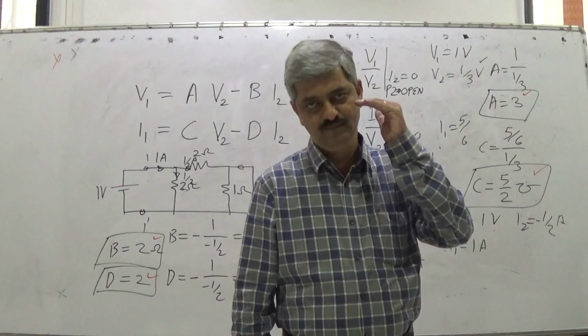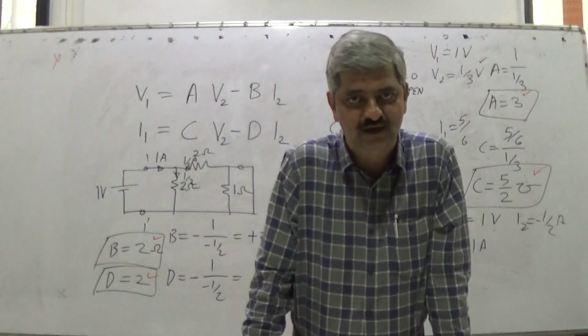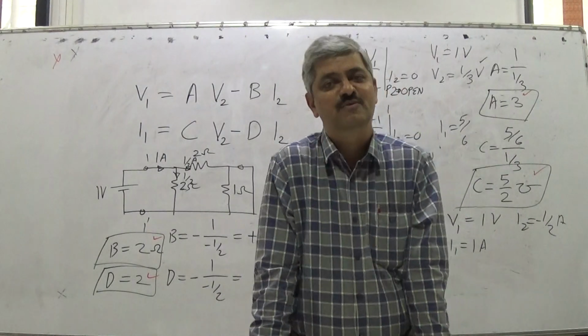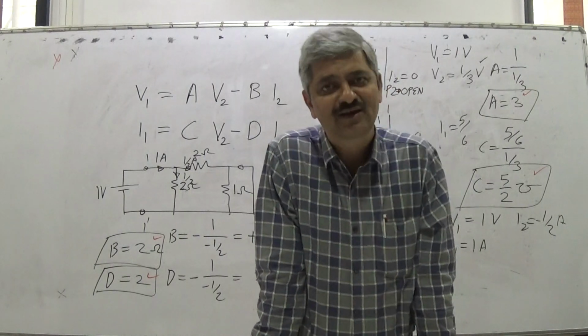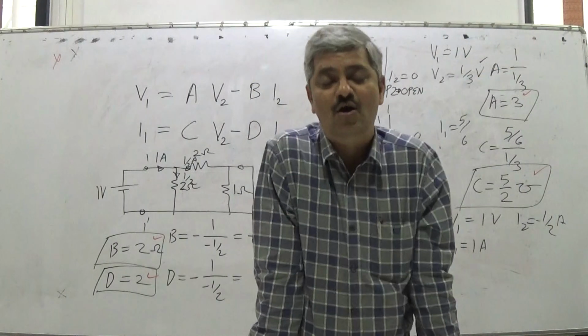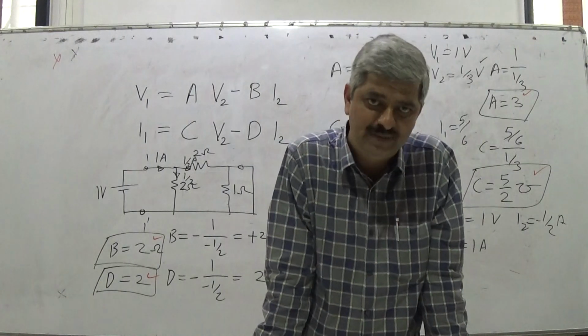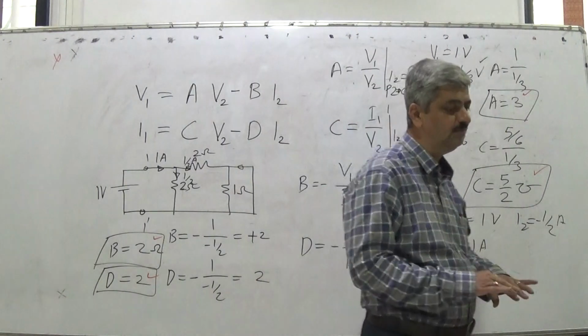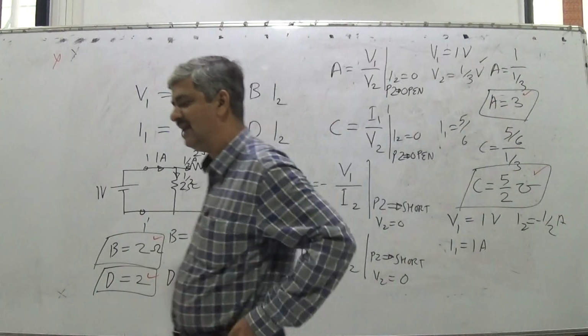Each parameter set has 2 equations. One voltage or current is expressed as a linear combination of the remaining 2, with 2 parameters. So when we want to find one parameter, we make the effect of the other 0 by keeping the port open or short. So we can find all 4 parameters for all 4 realizations: Z parameters, Y parameters, H parameters and ABCD parameters.